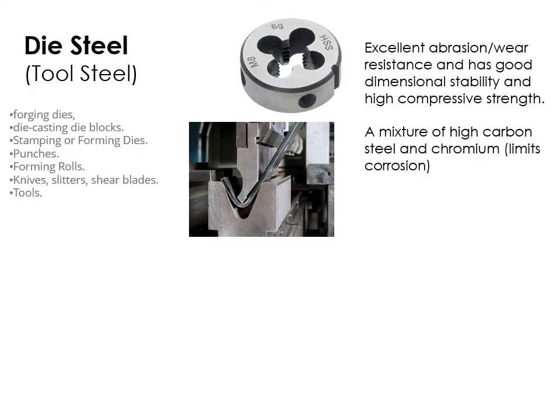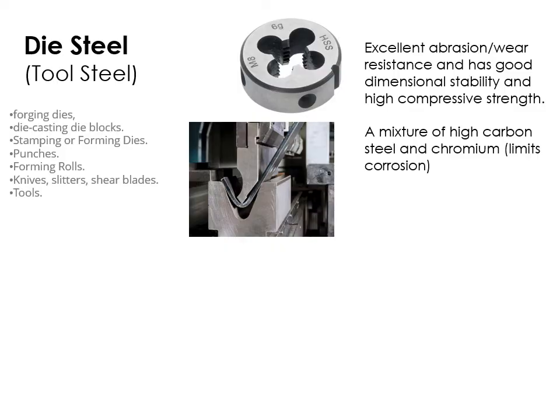And things like punches and center punches are made from tool steel. Where you might be thinking, well, hang on, what about high-speed steel? That was used for things that were spinning or were going to be moving at high speed. This is just for tools that need to have good resistance to wear, good stability, and high compressive strength.